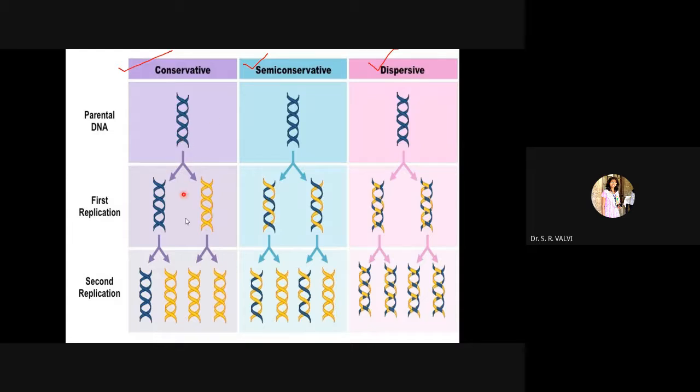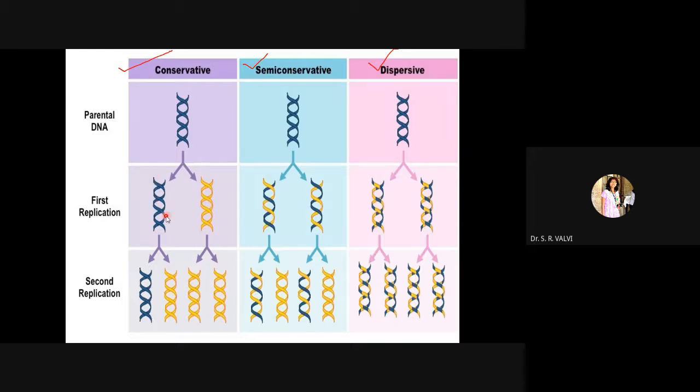So here you can see this part, this part you are observing, this is in blue color, right? So one strand acts as the template strand, old strand, or parental strand for the newly synthesized DNA, right?